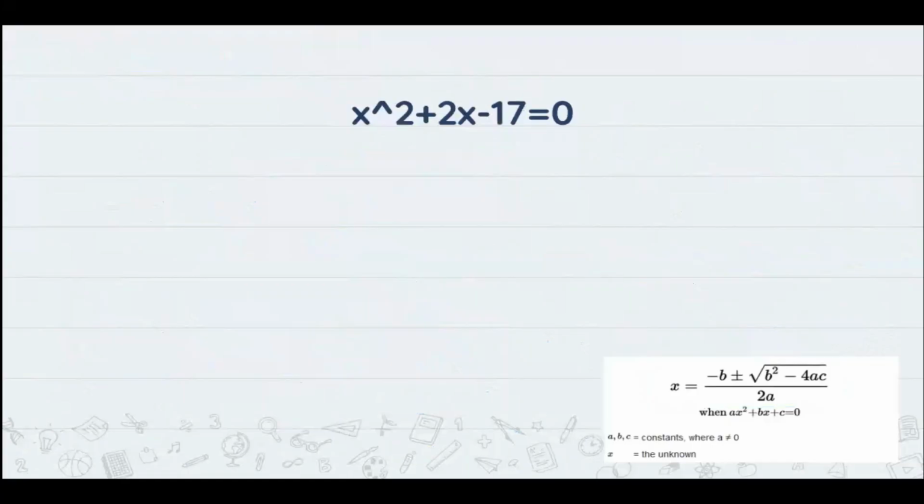Next. And this is a second example. Again, I'm going to put it into a quadratic formula.